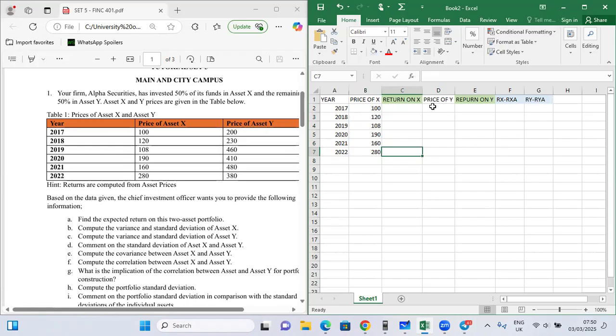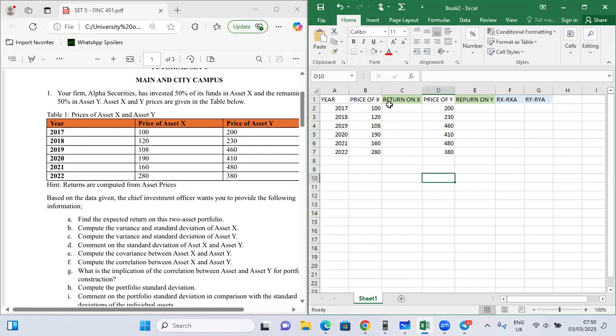Then let's come to the price of asset Y: 200, 230, 460, 410, 480, and then 380.